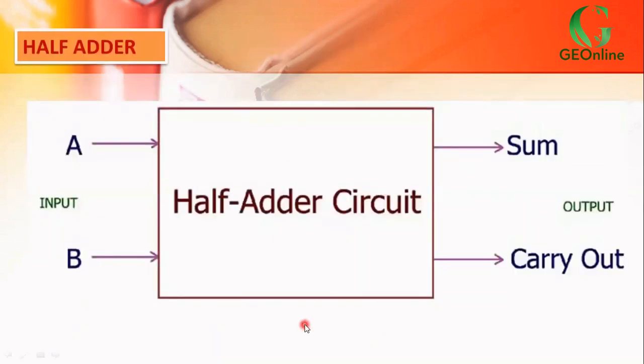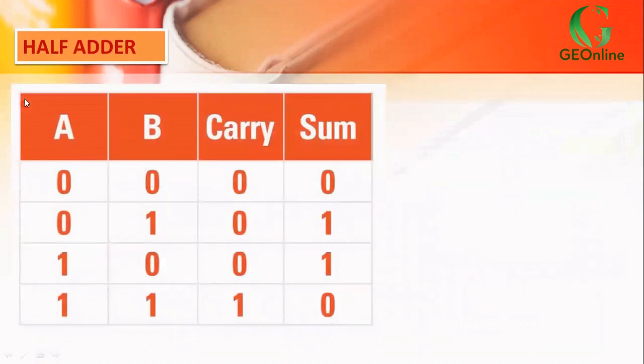So this is the block diagram of a half adder. In a half adder, we have two inputs A and B and two outputs, sum and carry. This is the truth table of the half adder: A and B inputs, carry and sum outputs.